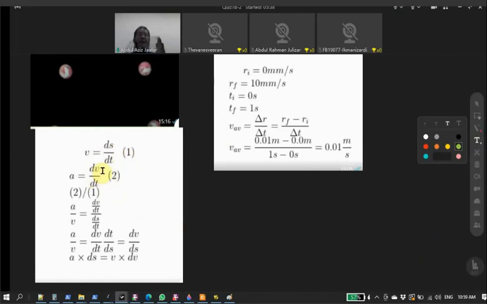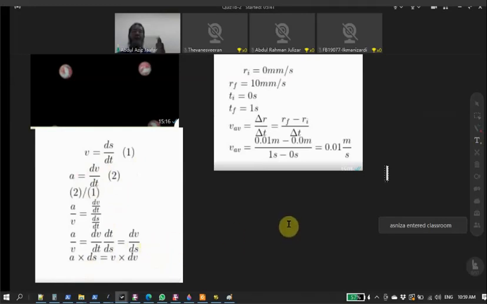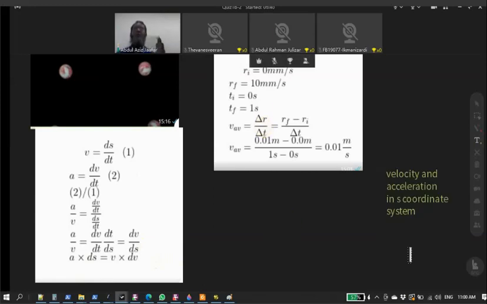The velocity change with time, and then you get the acceleration along the S coordinate system. So here we use these two equations and form a system of equations so that we can write the acceleration not in terms of time but in terms of the distance and the velocity, right? So that you have three equations that you can use to solve the magnitude of the kinematic properties.